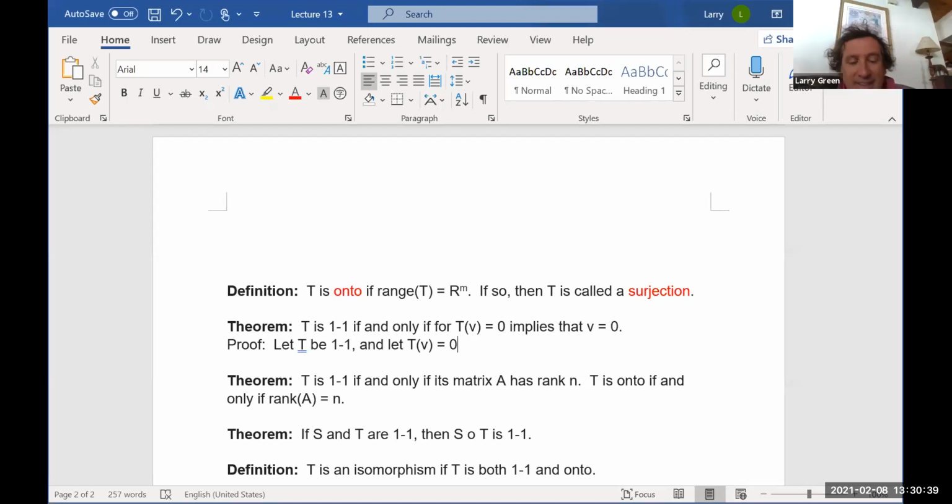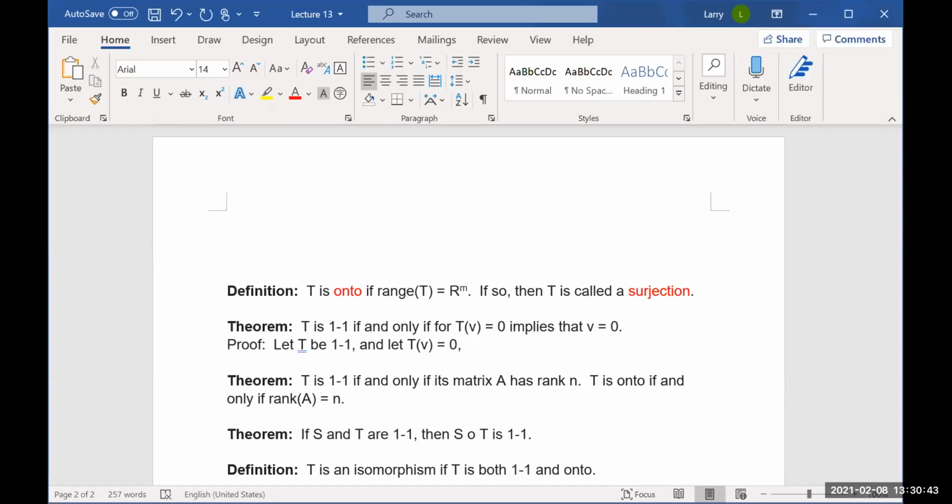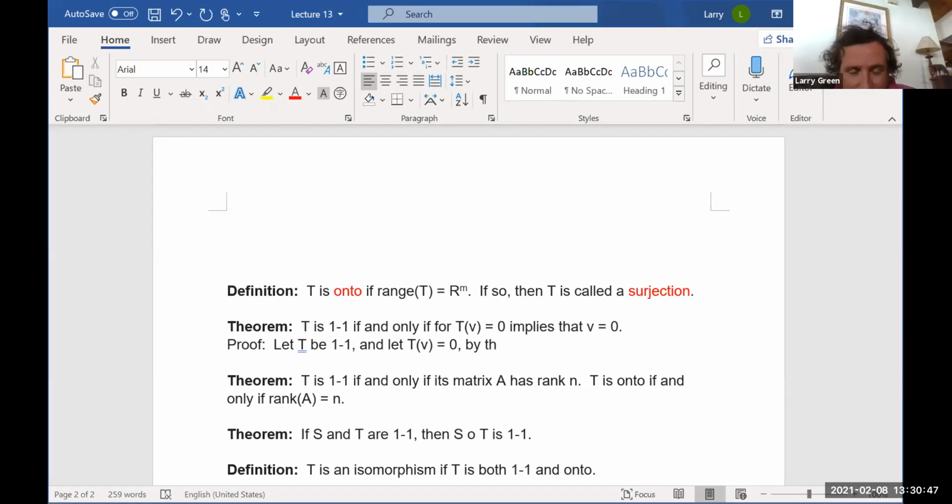Yeah, and that's not the definition, it's a theorem. So let's use a theorem from Friday. I didn't give it a name, so I'm just going to call it Friday's theorem, which is kind of what you're talking about, right?